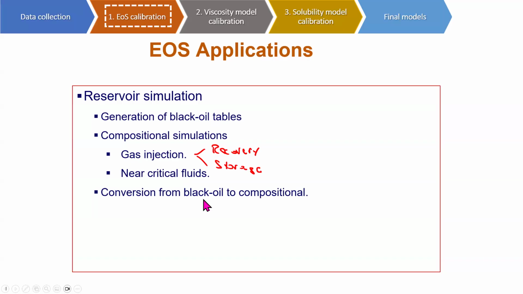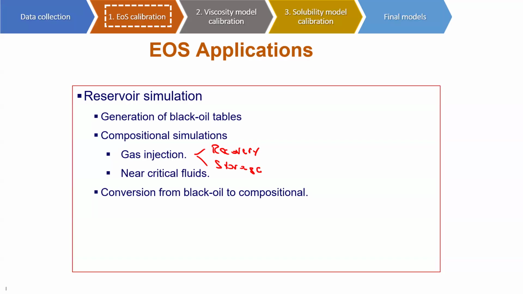Conversion between models: if you have the fluid modeled in a package, the conversion will be very simple, because you have the equation of state. The equation of state is the key point.